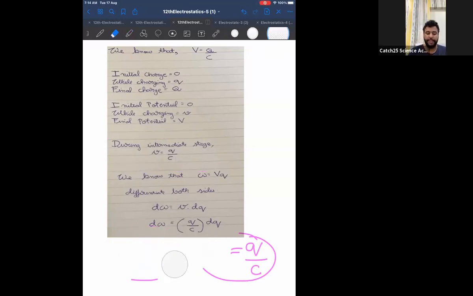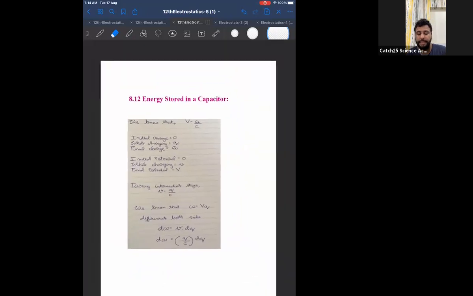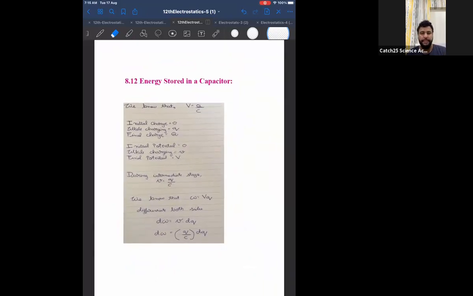So first, write down the side heading: energy stored in a capacitor. Written the side heading?